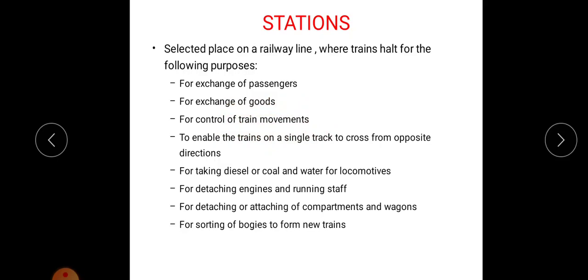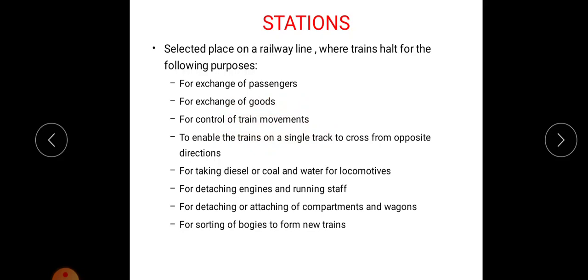Next purpose is for taking diesel or coal and water for locomotives. Usually this is done on yards, station yards. That is for taking diesel or coal and also water for the locomotive or train.